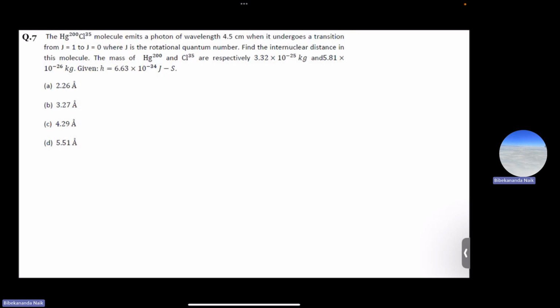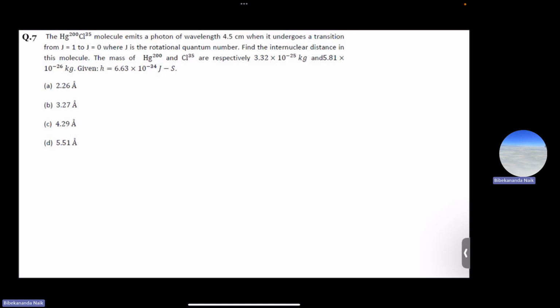Now, if you see the question, the masses of Hg and Cl are given. Sorry, the masses are 3.32 into 10 to the minus 25 kg and 5.81 into 10 to the minus 26 kg. So here the mass of one atom of Hg and Cl are given, so we don't need to consider Avogadro's number or the molar weight.